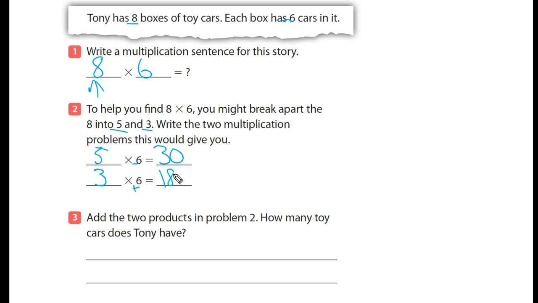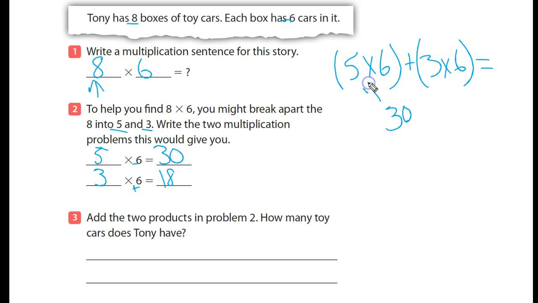So they basically just went 5 times 6 plus 3 times 6 equals 30 plus 18. 0 plus 8 is 8. And 3 plus 1 is? 4. Thank you. So 8 times 6 is going to be 48.